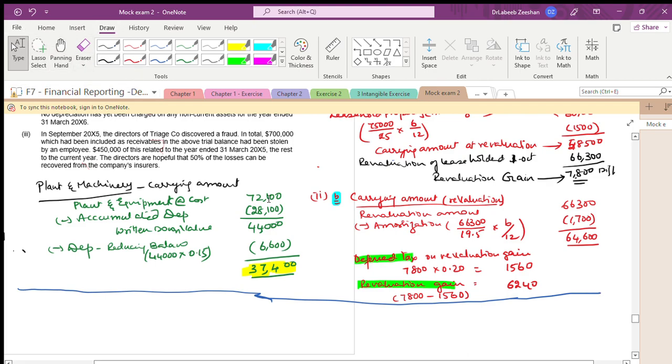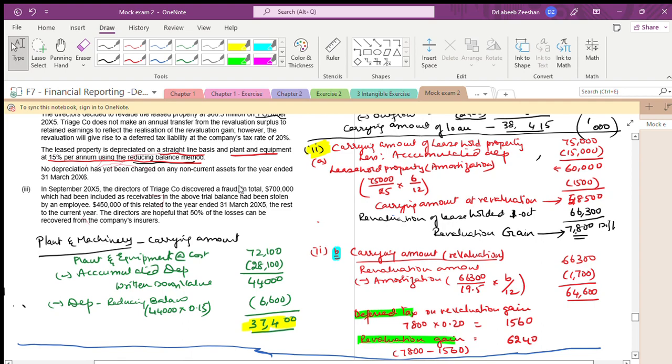Now what they are saying in point number 3: in September 2005, the directors of TRICE discovered a fraud in total of 700,000, which has been included in receivables in the above trial balance, stolen by an employee. 450,000 of this related to the year ended 31st March 2005. The rest is for the current year. The directors are hopeful that 50% of the losses can be recovered from the company's insurers.